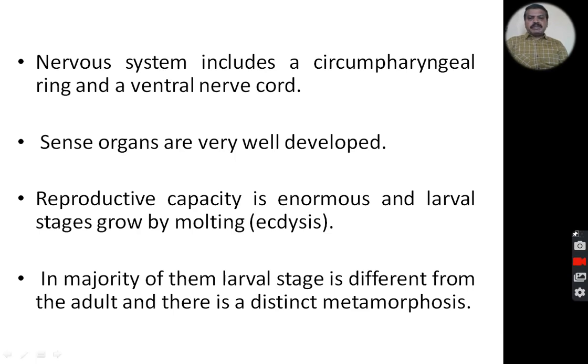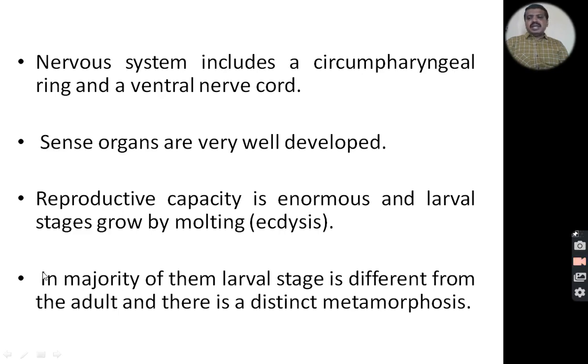So in order to obtain the normal size of the body, the periodical ecdysis process is very much present in insects, that is the periodical shedding of the outer exoskeleton in order to achieve growth and development.